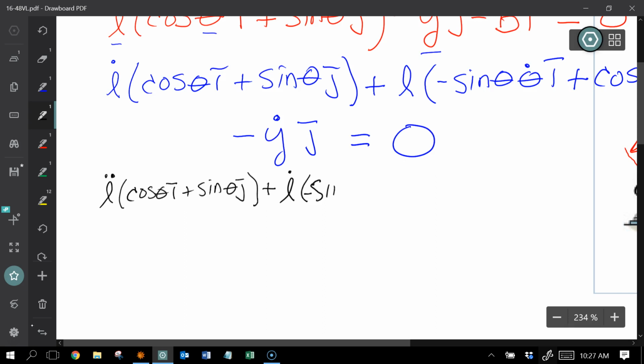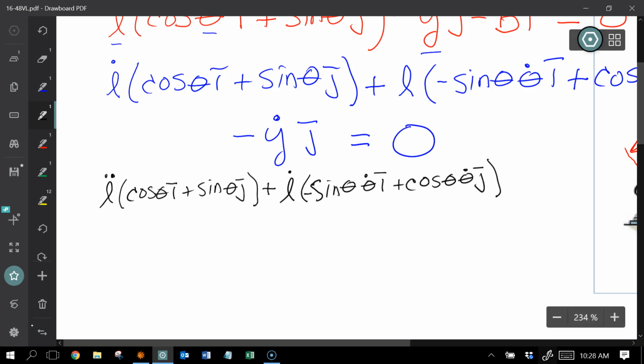You probably copy down what you've already had if you're neat about it. Plus cosine theta, theta dot j. So that's the derivative of the first blue term.